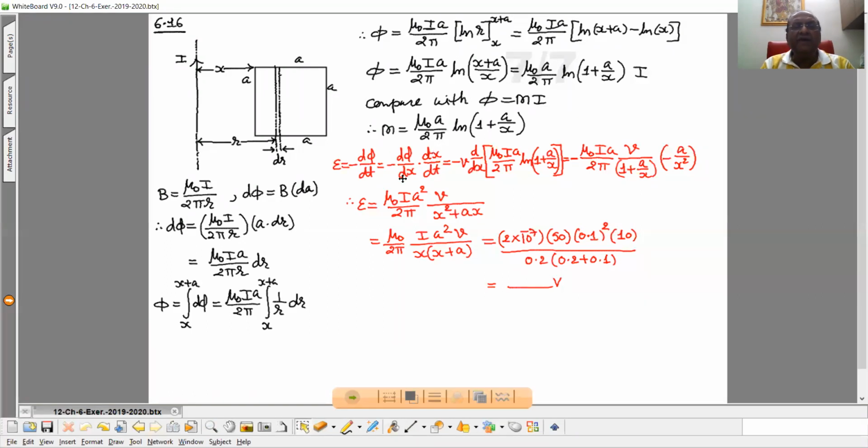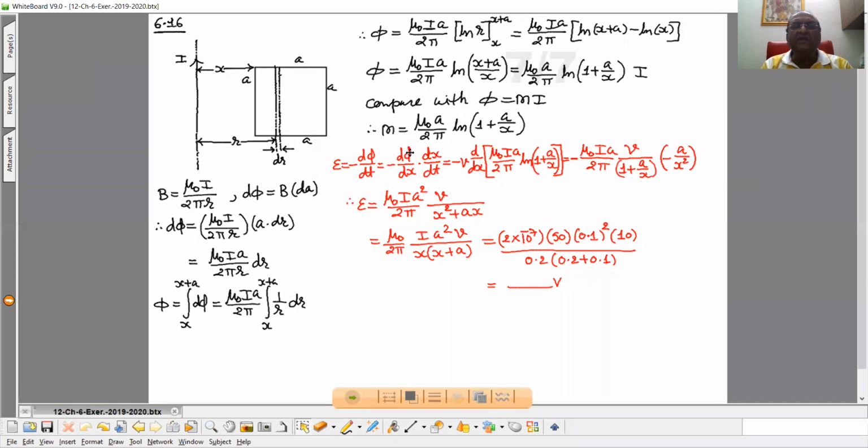So here multiply and divide by dx. We can write minus d phi by dx into dx by dt, because in the equation of phi, time is not appearing, but x is appearing. But dx by dt is the velocity v.